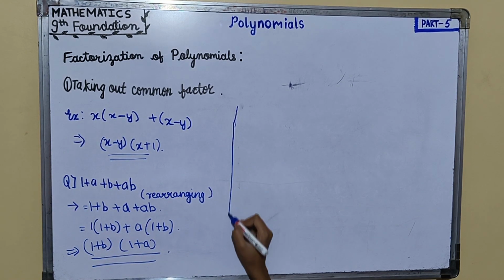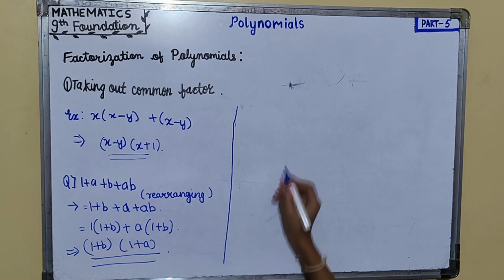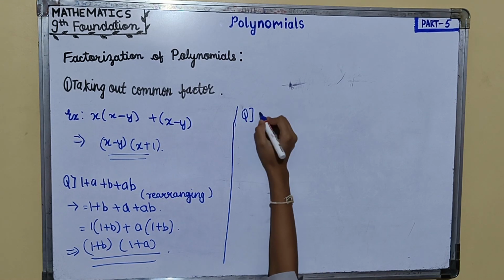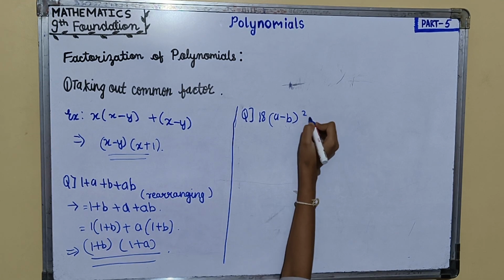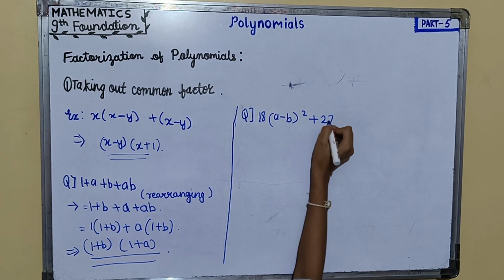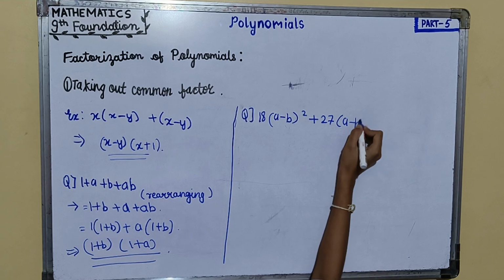Like this the questions are there. One more, let us solve. One more question is 18 a minus b whole square plus 27 a minus b.